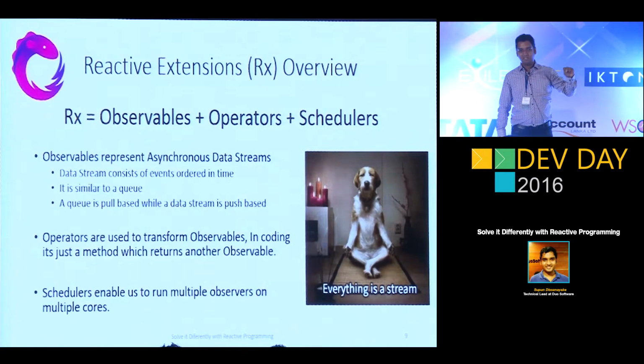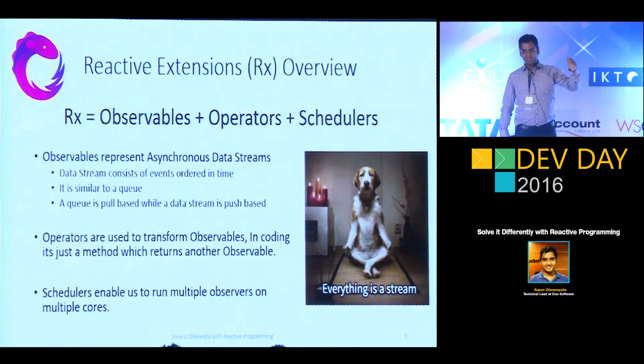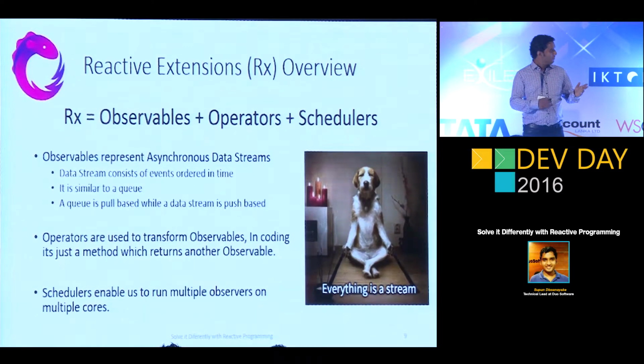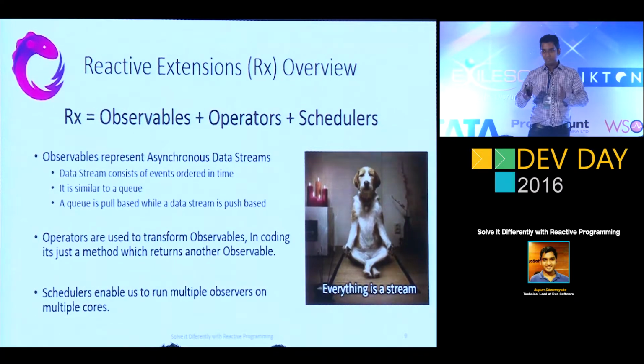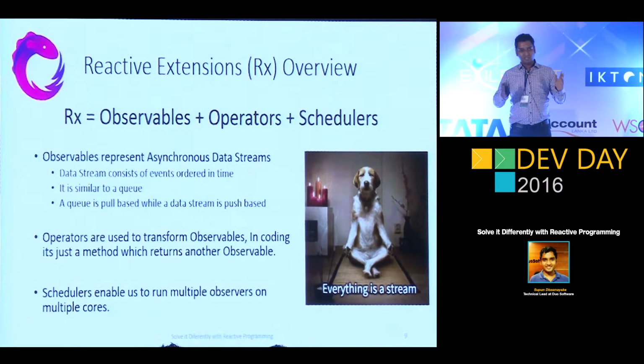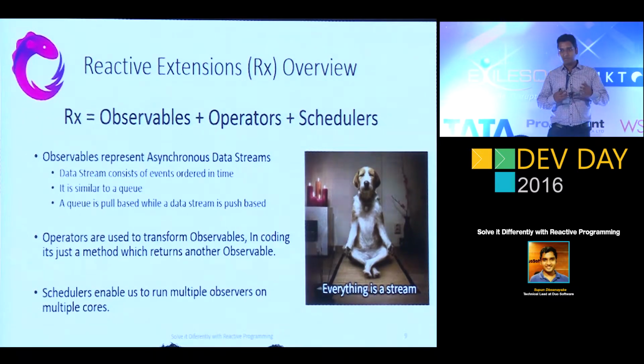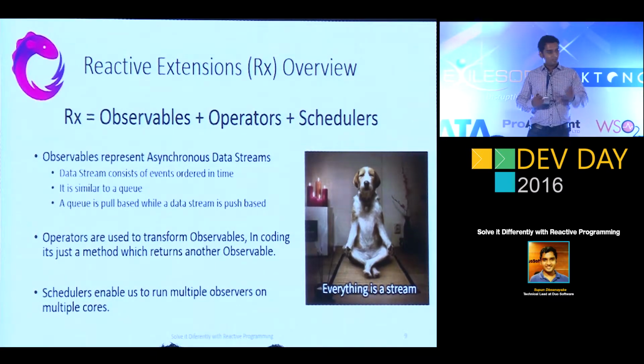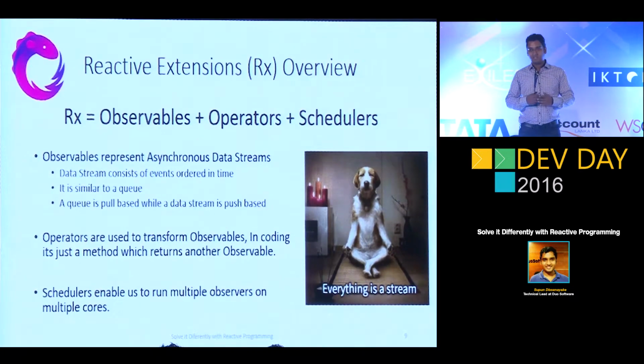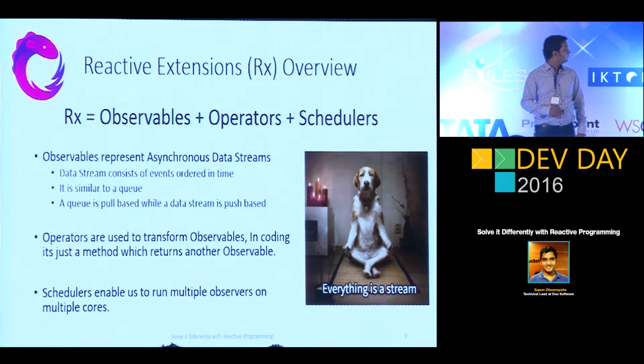An event cannot be changed, but it can create a new event based on it, so it will be a sequence of observables. As you can see here, everything in Reactive Extensions is a stream. When we have multiple observers running, we have to utilize all the cores, and with schedulers we can utilize all the cores in Reactive Extensions.